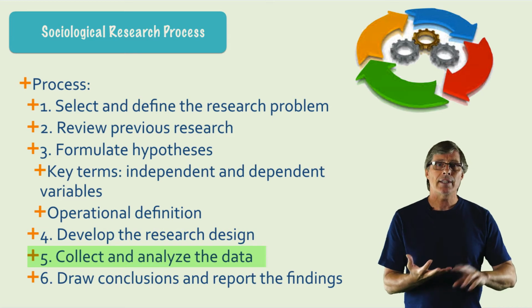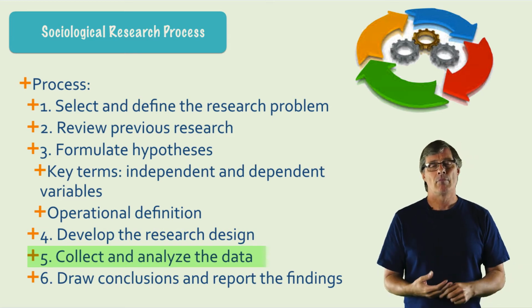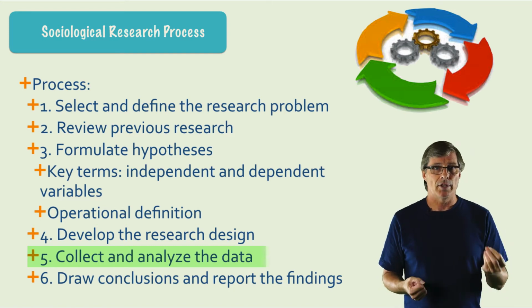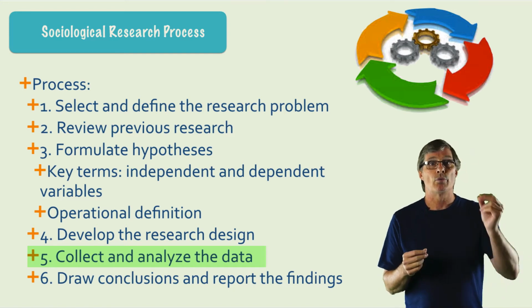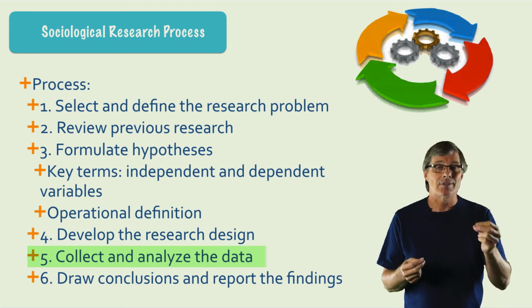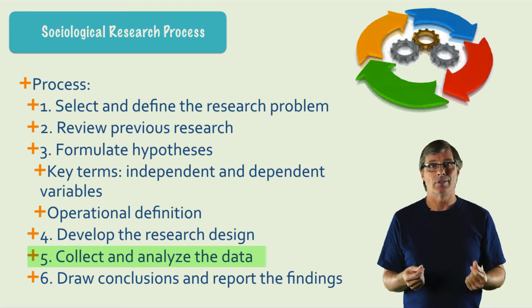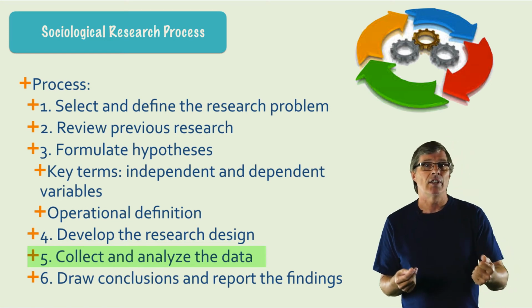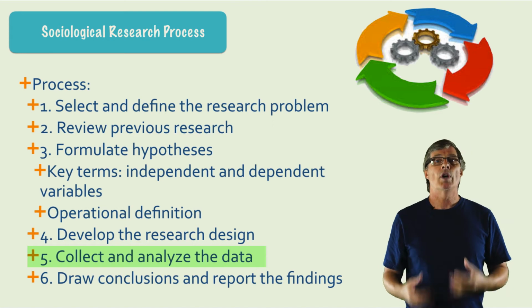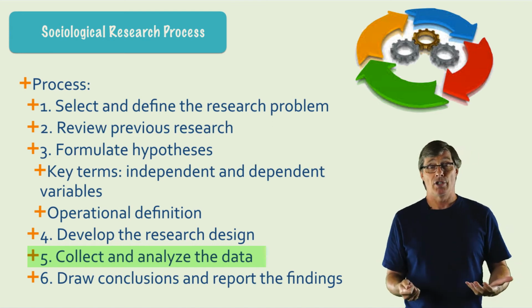Fifth, collect and analyze the data. Now, with this one, there's a couple of things important. Reliability, the extent to which the research instruments, field data and such, yields consistent results. It has to be consistent. And validity, the extent to which the research instrument accurately measures what it is that it's supposed to measure.